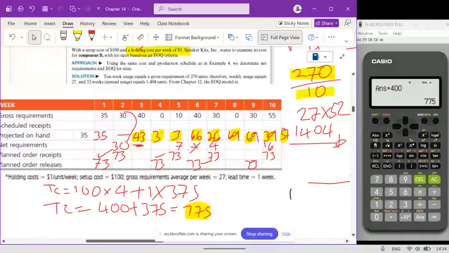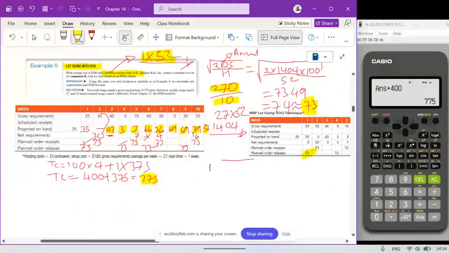So we want the EOQ to be divided by the weekly demand, and we're going to get the periodic order quantity, the interval. How often can we order in a year? Let's say maybe in this period, I want you to order 3 times.